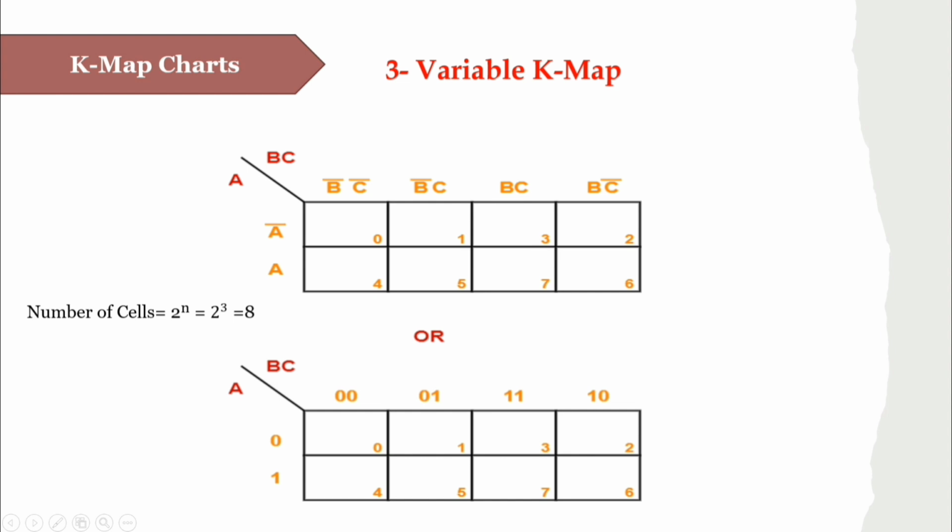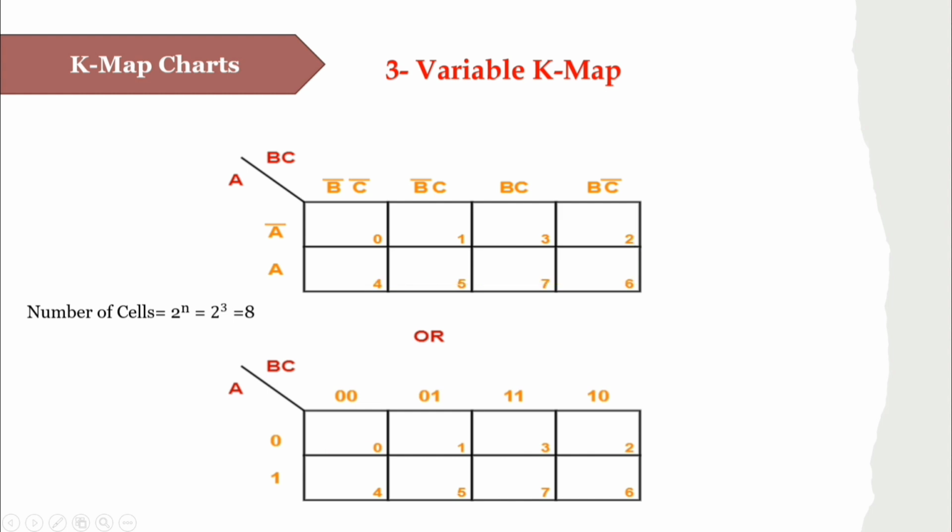While grouping the cells in the 3-variable K-map, the group should be of 1 cell, 2 cells, 4 cells or 8 cells. We must always concentrate on grouping the maximum number of cells together, such that first we need to check whether it is possible to group all the elements in the K-map. If so, we get a group of 8 cells.